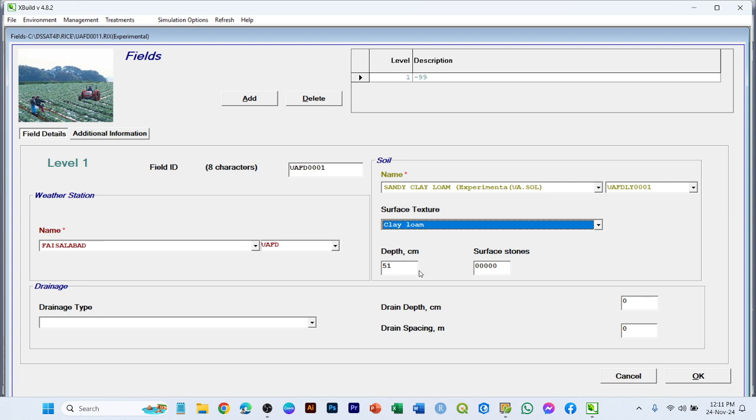You have to write it over here, and if there is depth, then spacing, you don't have to go into detail. Got my point? Before coming here, these files need to be created beforehand. Before creating the experiment file, you must create your soil file and weather file.